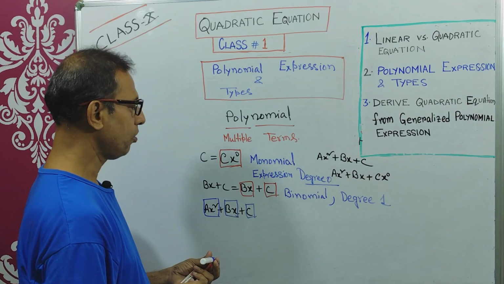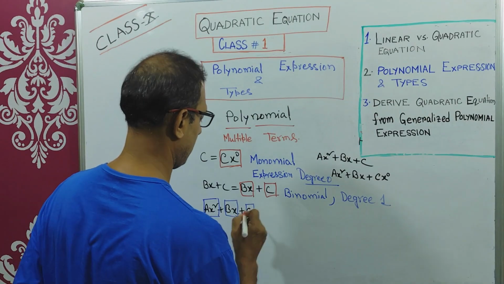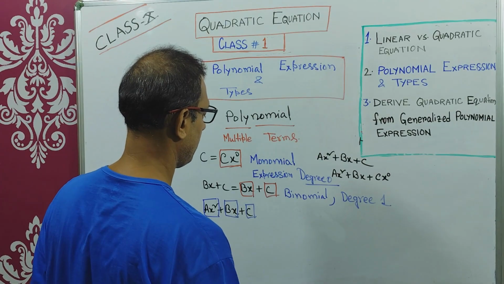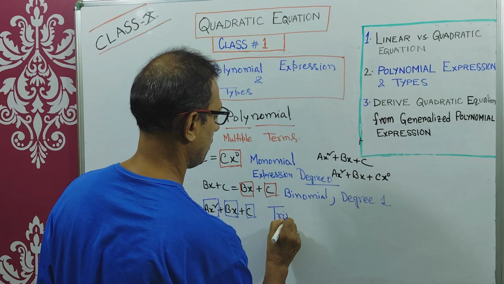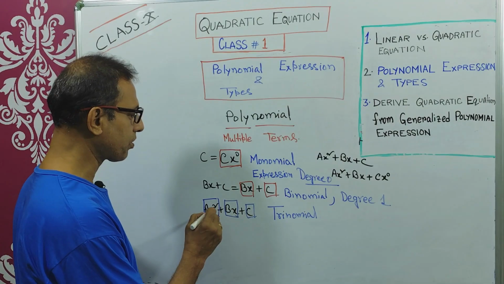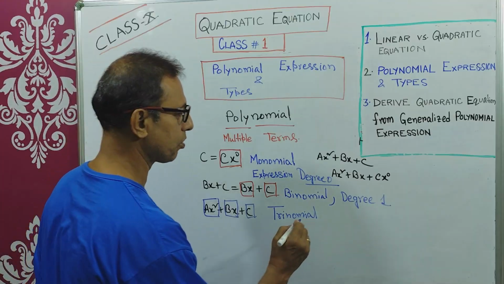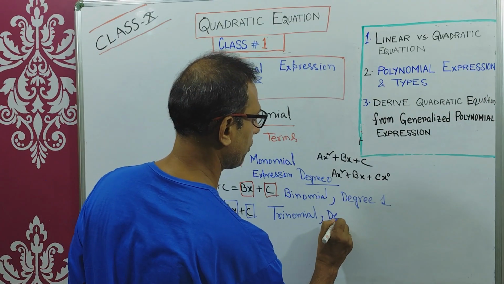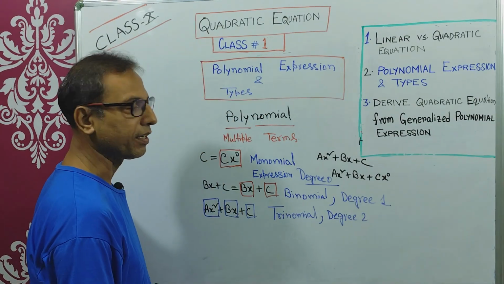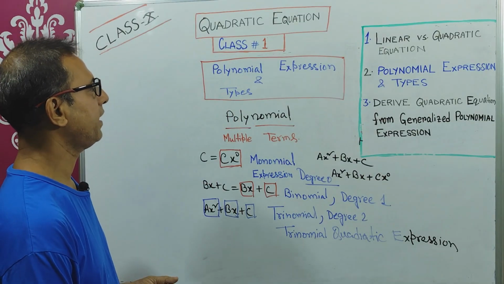So there are a total of 3 terms. 3 terms means trinomial, so it is a trinomial expression. And what is the degree of the equation? Maximum power of the variable, that is 2. So 2 means quadratic equation. So trinomial with degree 2 means a trinomial quadratic equation.